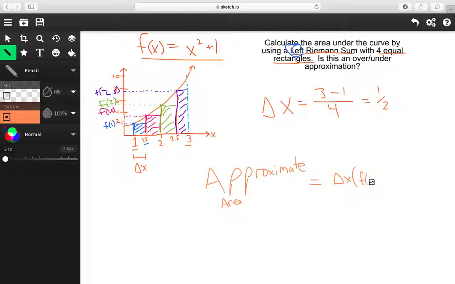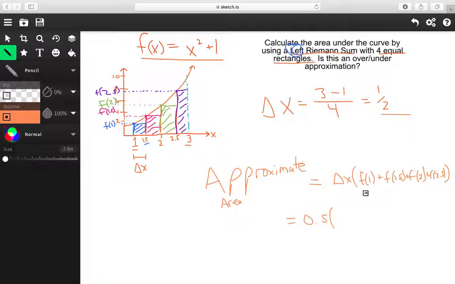That would be f of 1 plus f of 1.5 plus f of 2 plus f of 2.5. Close that. Now we know our delta x we solved over here before to be 1/2. I'm just going to write 0.5.